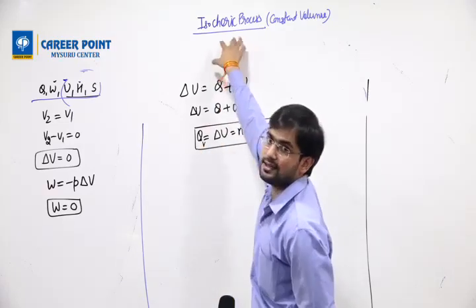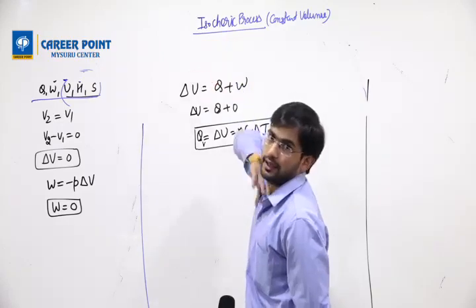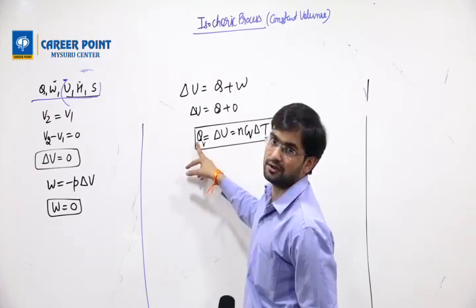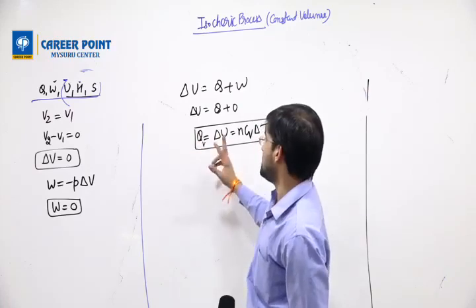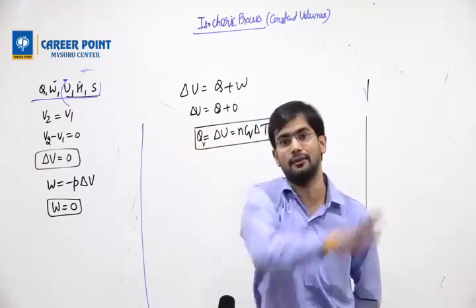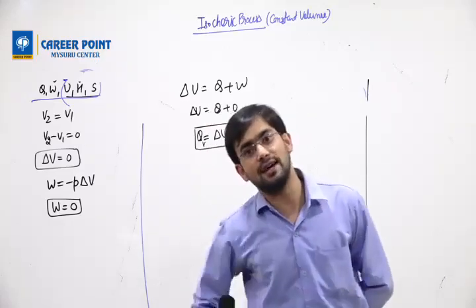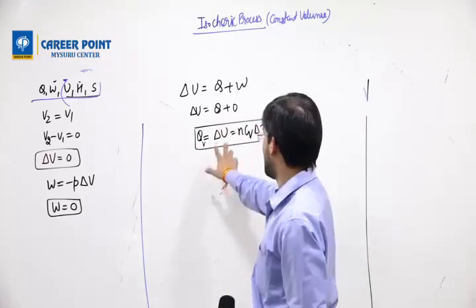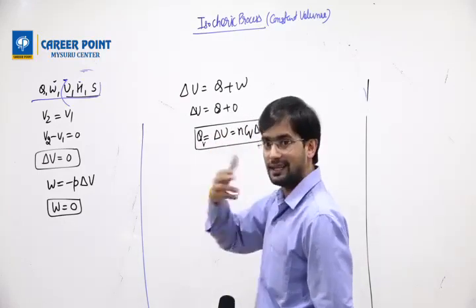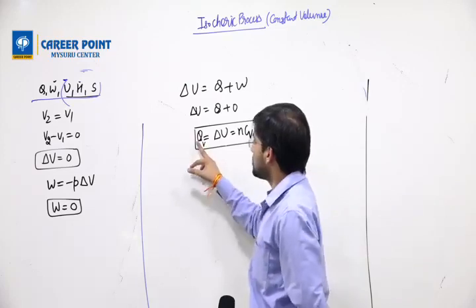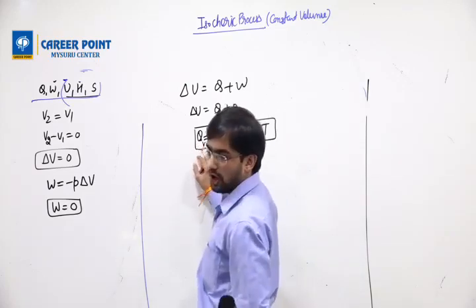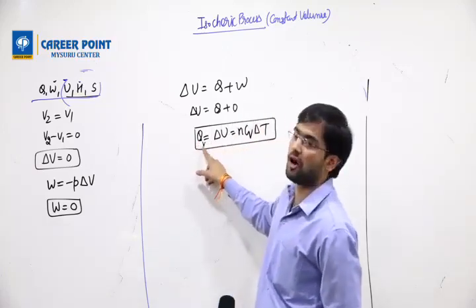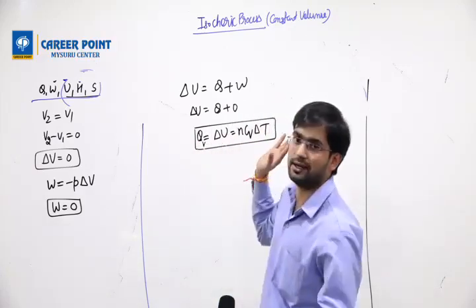If the process is isochoric, heat absorbed will always be equal to delta U directly. So if the process is given as isochoric and they are asking Q, indirectly they are asking you to calculate delta U. You have to understand that. So heat absorbed at constant volume equals delta U, which equals nCV delta T.